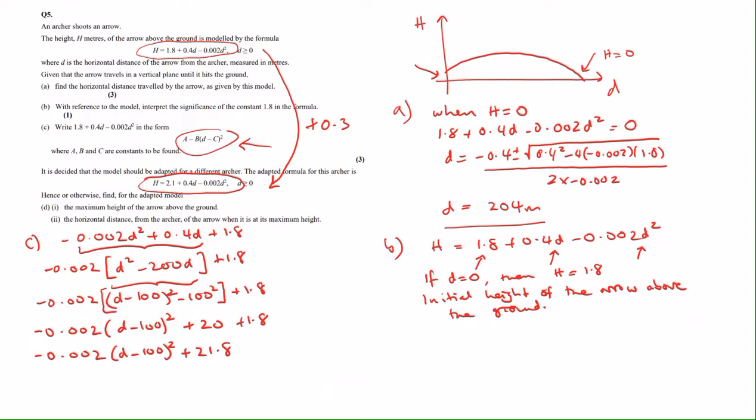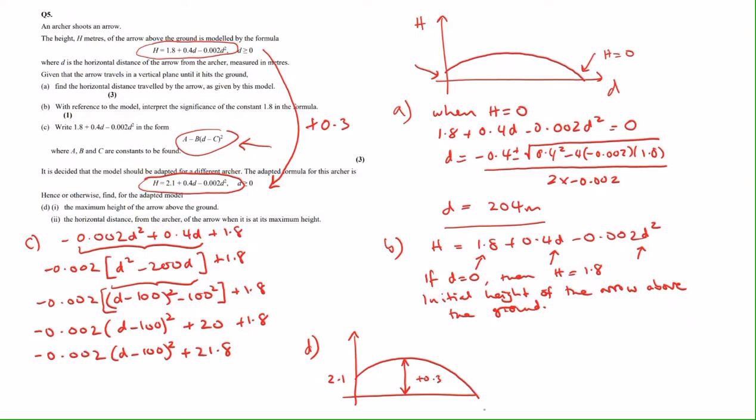So all that's happened is everything has gone up by 0.3, because if we were to draw that, instead of starting at 1.8, we've now started at 2.1. So the maximum height here is going to be 0.3 higher than it was before.